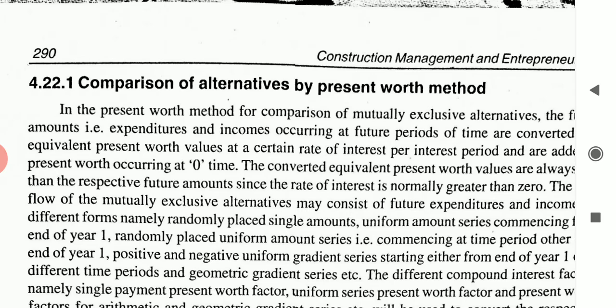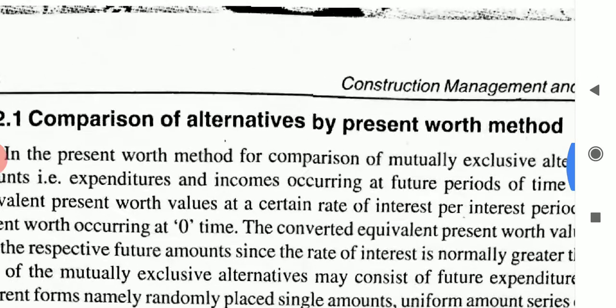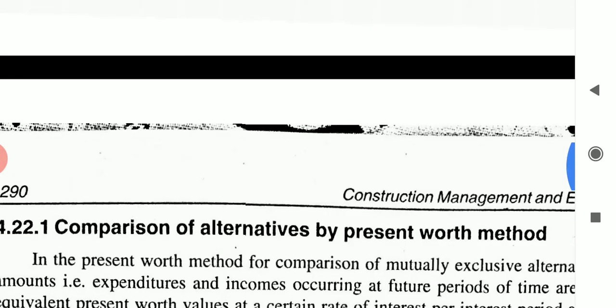In the present worth method, for comparison of mutually exclusive alternatives, the future amounts, that is expenditures and incomes occurring at future periods of time, are converted into equivalent present worth values at a certain rate of interest per interest period and are added to the present worth occurring at zero time. The converted equivalent present worth values are always less than the respective future amounts.